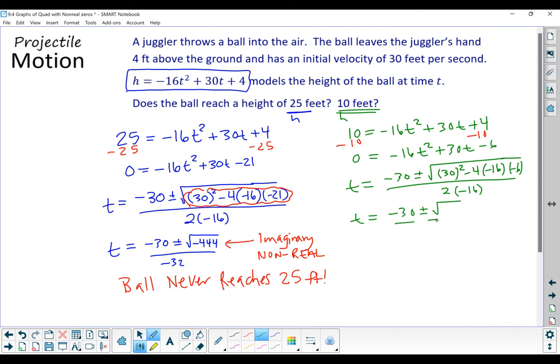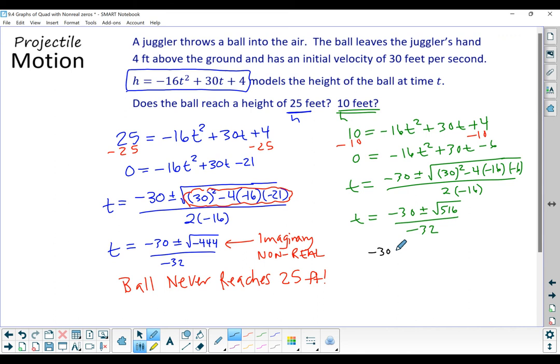Okay, so let's figure out the inside of that root. Oh, whoops, I'm sorry. My denominator should be negative 32 because it's 2 times negative 16. That root is 516. And since that's a real number, that means the ball does reach that height of 10 feet. And it actually reaches that height twice.